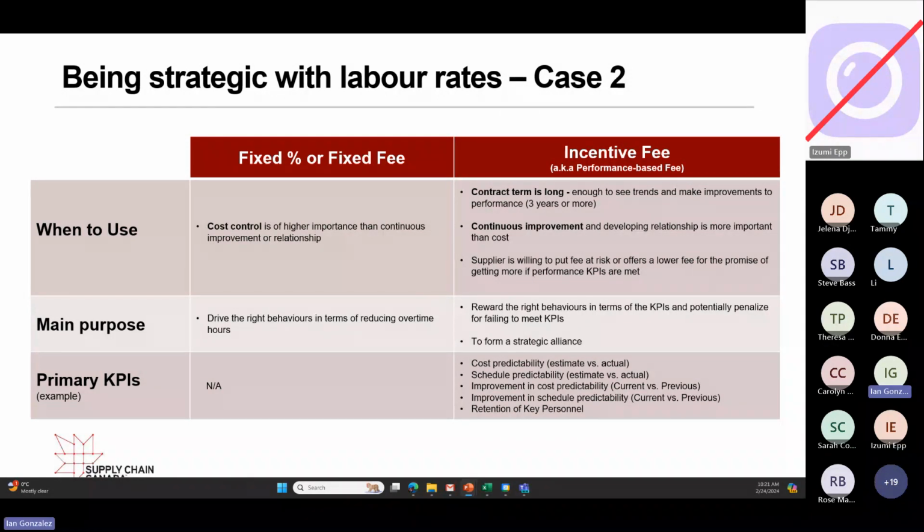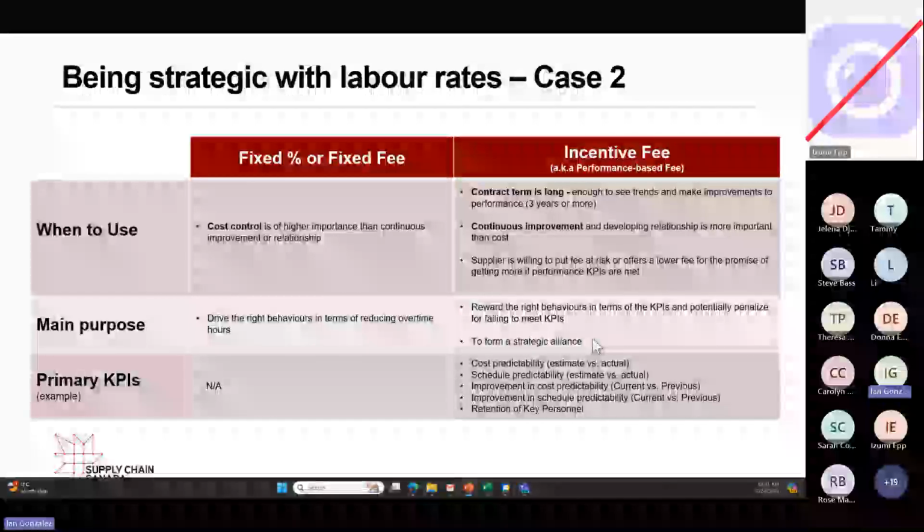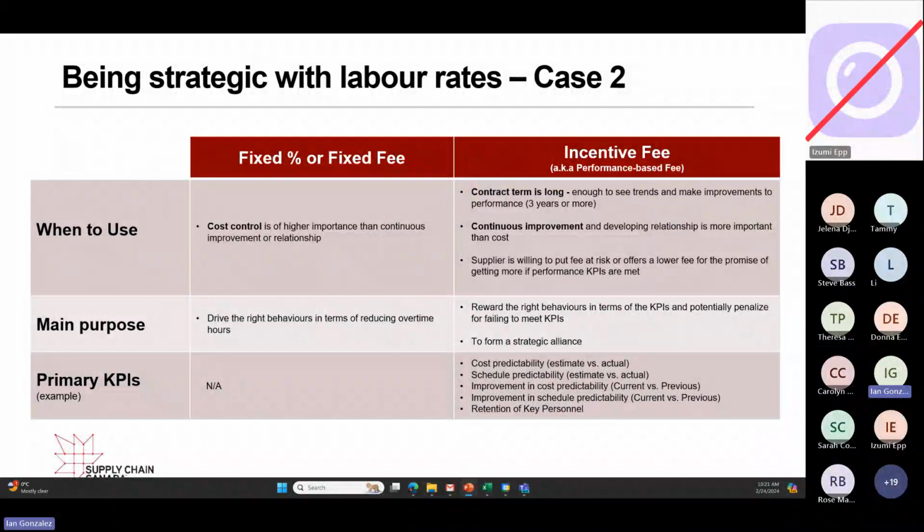And this is where things can get strategic, because you can define your KPIs collaboratively, but it's now more than just commercial rates. In the end, commercial contracts with incentive fee tend to push buyers and suppliers into a strategic alliance. So again, it's perfect for that strategic box.